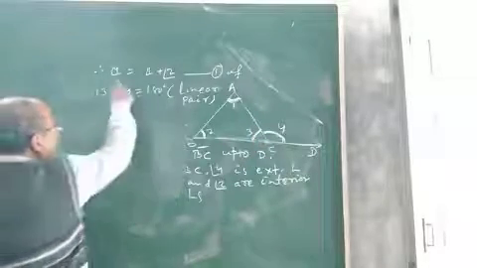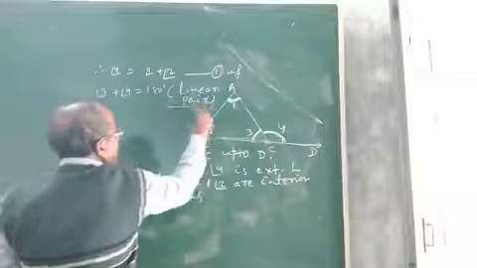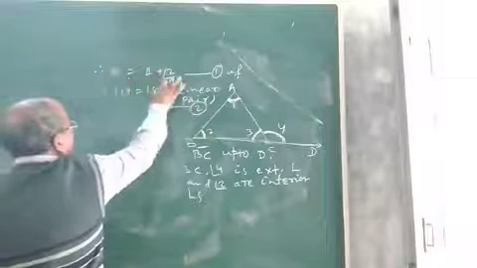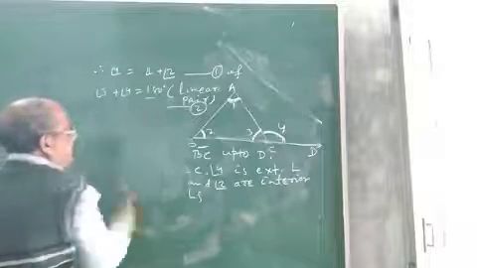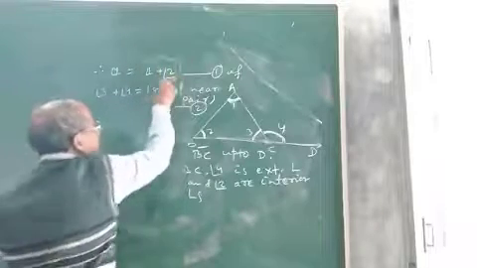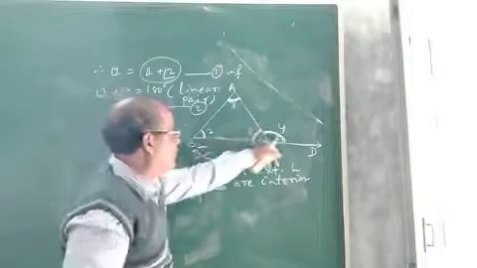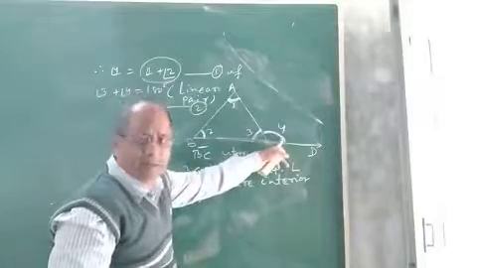Now this is equation 2, suppose. Now look at, angle 1 plus 2 is equal to angle 4 and angle 3 plus 4 is 180 degree.